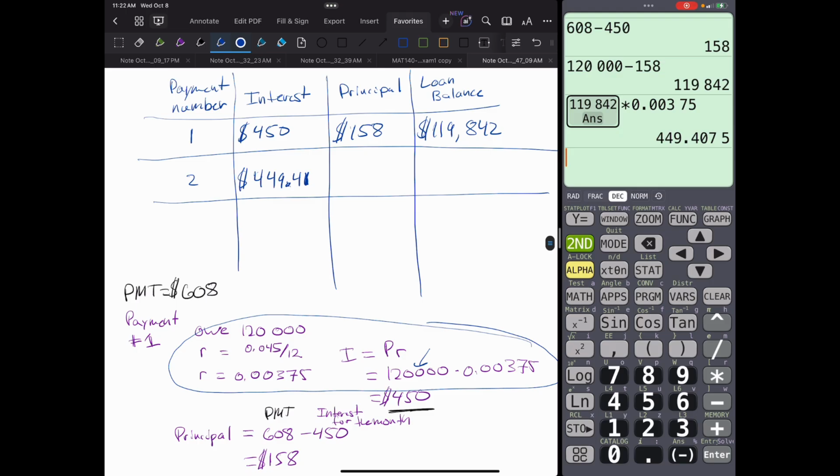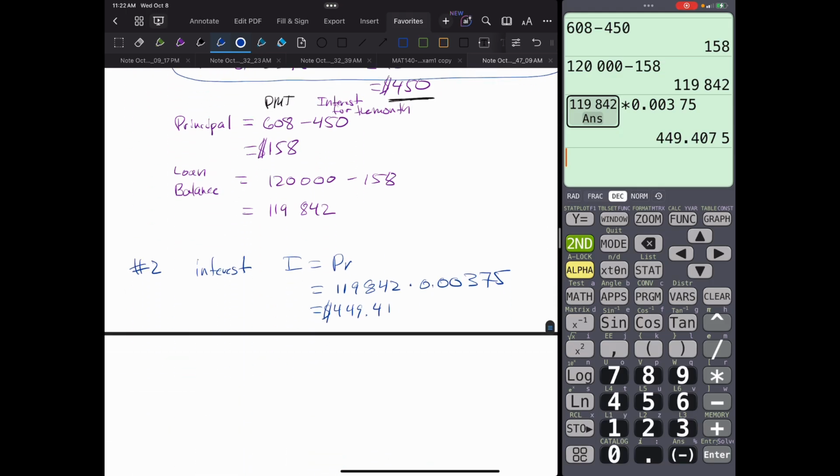All right. Well, now what do I do? I go to that 608, so if I want to find the principal part, that's the interest part of the payment. This is the principal part of the payment. And so I take that 608 and I subtract the 449.41.